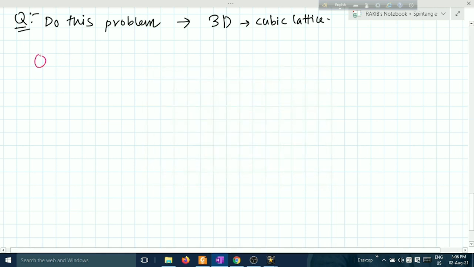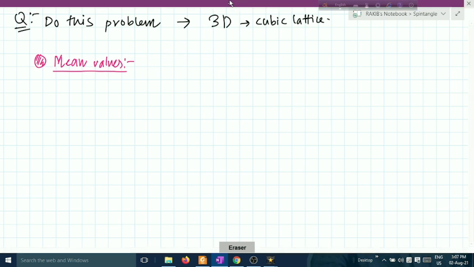A new topic, mean values. First, let me write the statements. Then, after it, I will elaborate what mean values are.